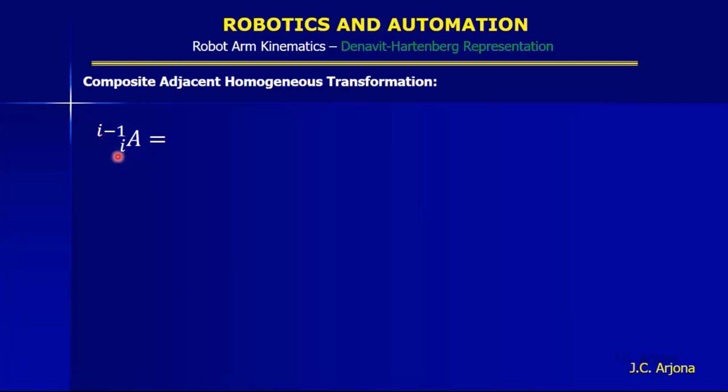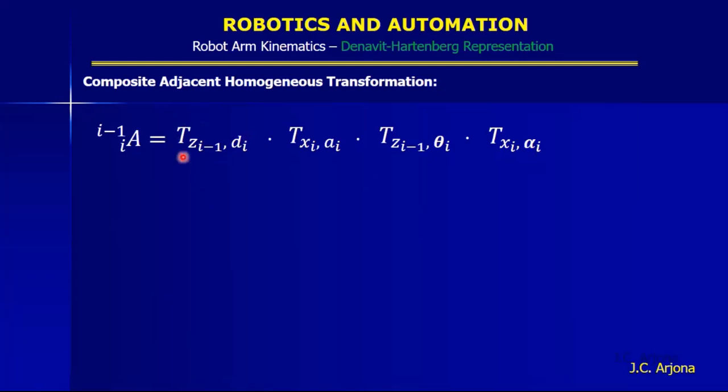So this is the current and this is the previous, and it is equal to the homogeneous transformation of zi minus 1, comma di, that product with the next, the homogeneous transformation of xi, comma ai, and that product with the homogeneous transformation of zi minus 1, comma theta i, and the product of the homogeneous transformation of xi, comma alpha i.